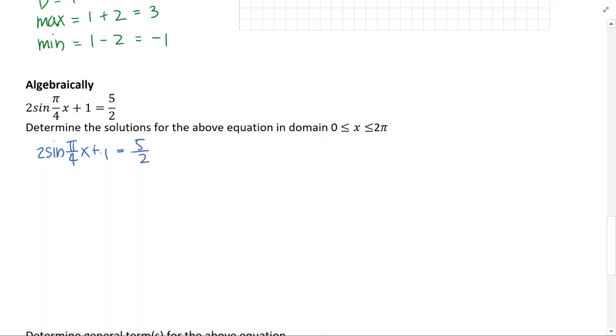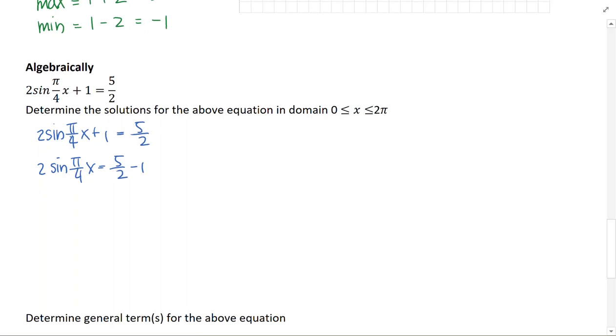First we're going to have to move the 1 to the other side. So that's 2 sine pi over 4x equals 5 over 2 minus 1. When you subtract it, we have 2 sine pi over 4x equals 3 over 2.